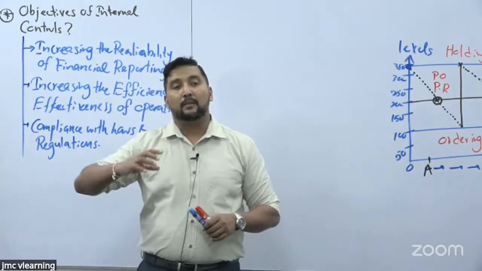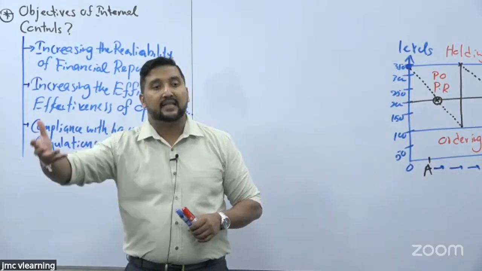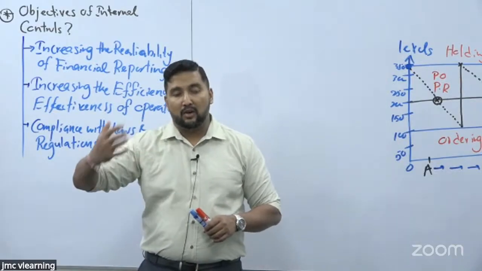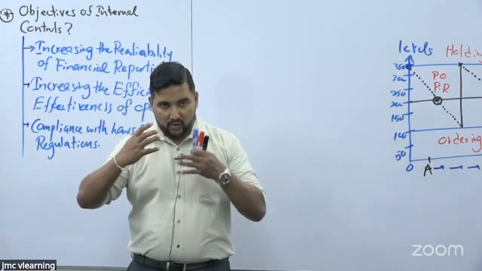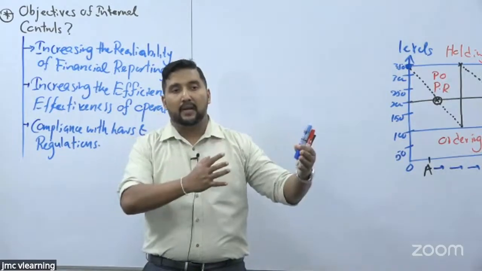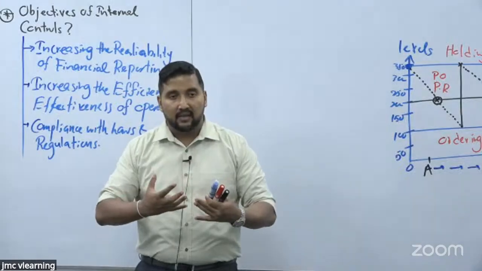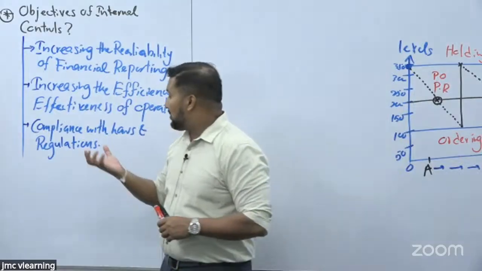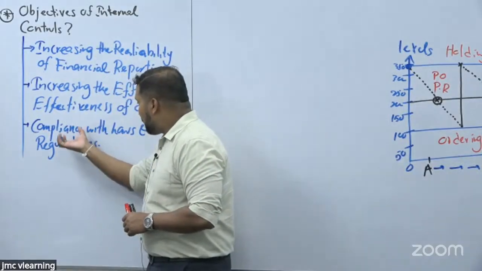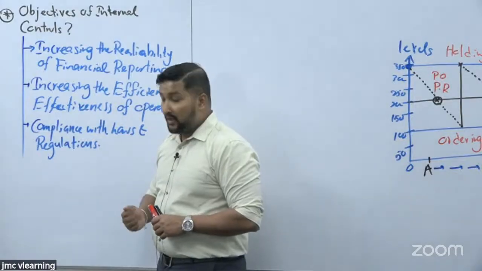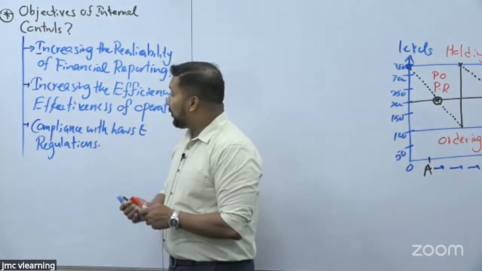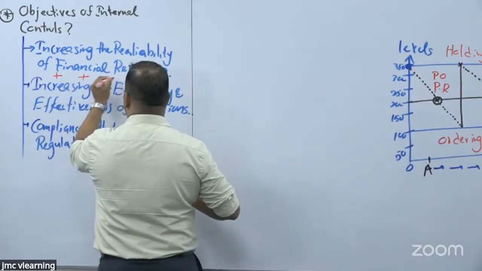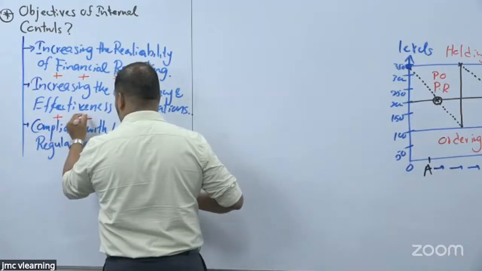So recruiting a compliance officer to check whether the business organization complies with rules and regulations is itself considered as internal control. So the third objective of internal control is compliance with laws and regulations, right? When you look at it from the broader perspective, these are the main objectives of business organizations having an internal control.